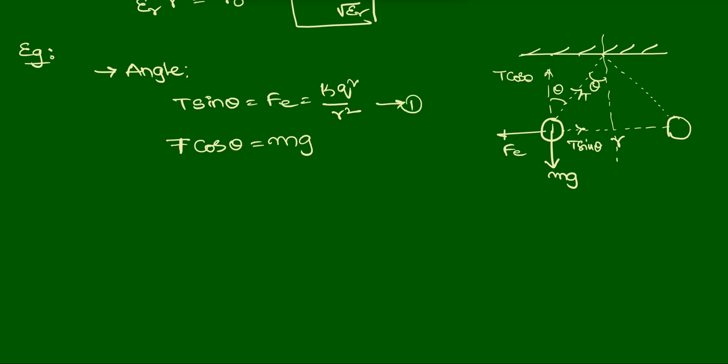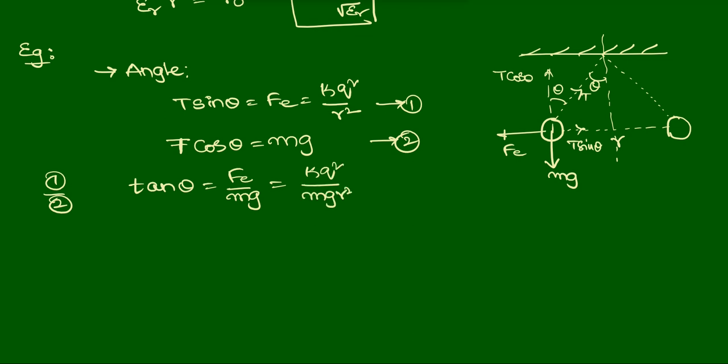If I divide the first equation by the second equation, I'll get tan theta equal to Fe by mg, or you can write it as k q square by m g r square. So you'll have a good number of questions based on this angle. And next they may ask you to find the tension in the string.